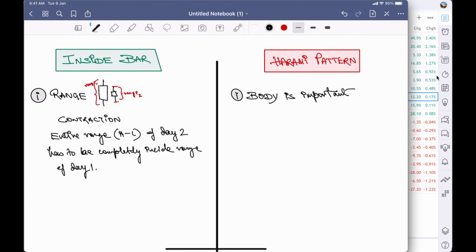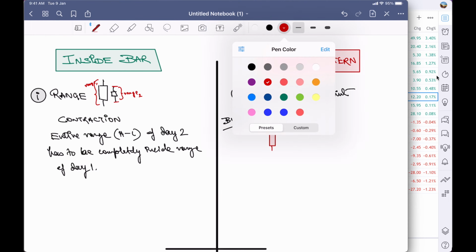That's the inside bar. But when you come to the bullish bearish Harami pattern, first of all, the body is important. Second of all, the coloring of the candlesticks is also important. Let's first talk about the bullish Harami pattern. For the bullish Harami pattern, the first candlestick has to be negative. Now this is where specifications come into play.